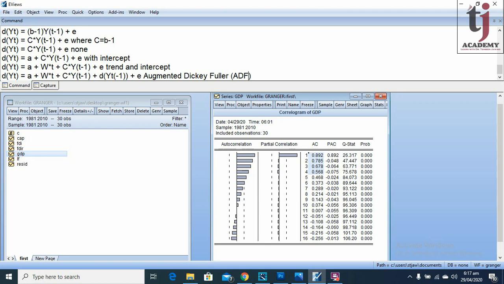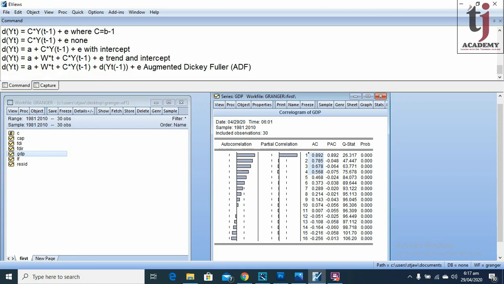Now the equation is ADF, and when we apply the unit root test of ADF, the null hypothesis H naught is the series is not stationary.